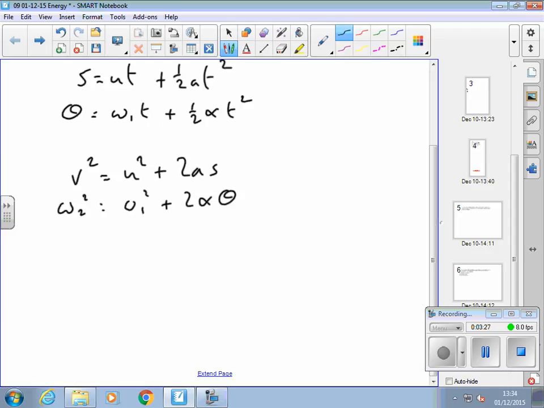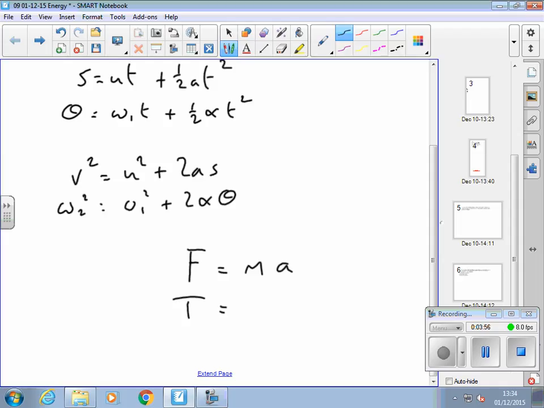Okay. The formula that relates force and acceleration, F equals something a. Yes, ma. What do you think the angular equivalent is? Remember what we use instead of the force? We talk about the force exerted around a pivot called the torque.